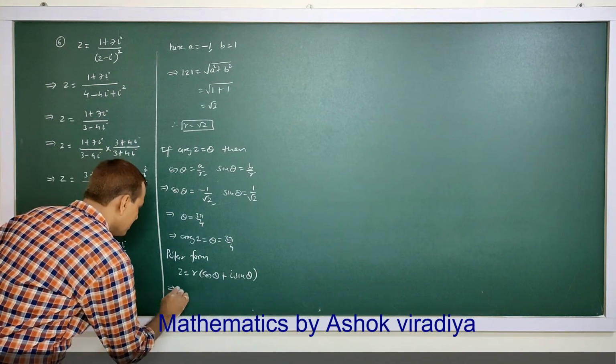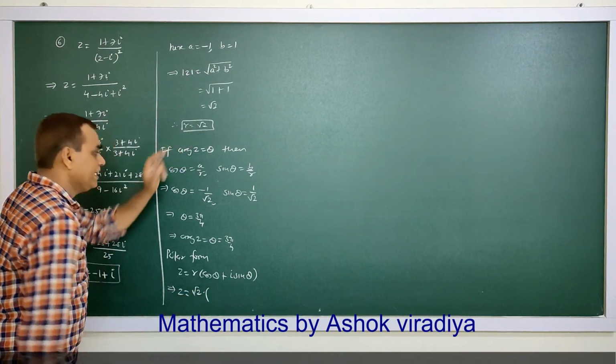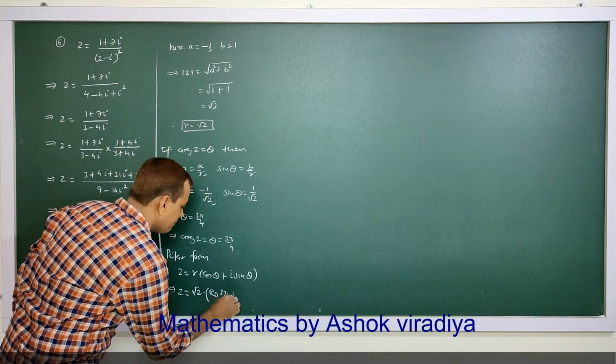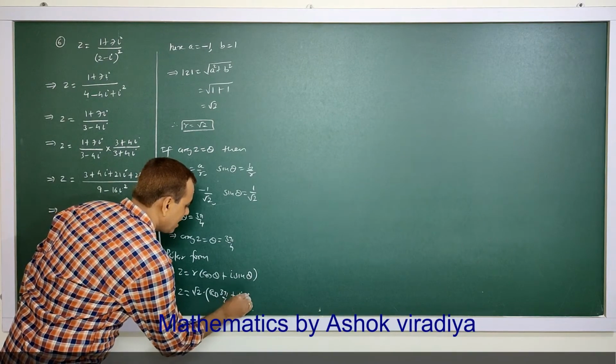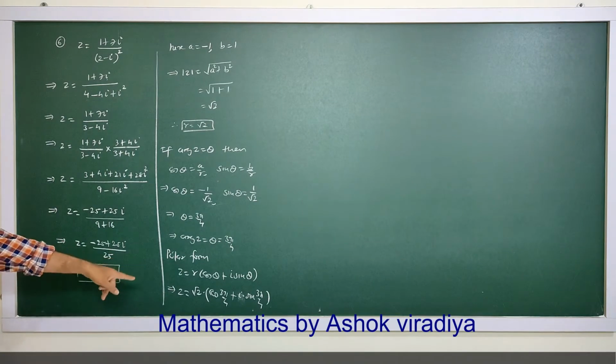That is, z is, in this question r was different, root 2 into cos of 3 pi by 4 plus i into sin of 3 pi by 4. So it is the polar form.